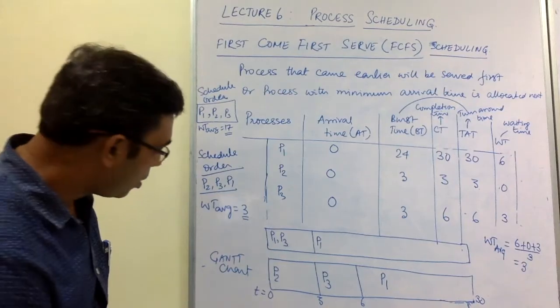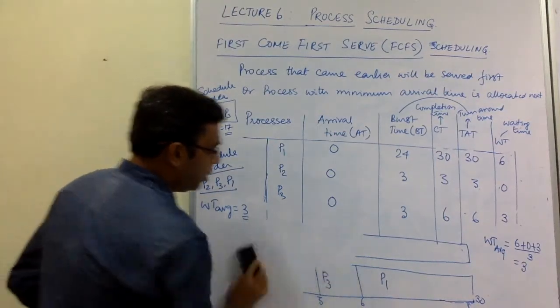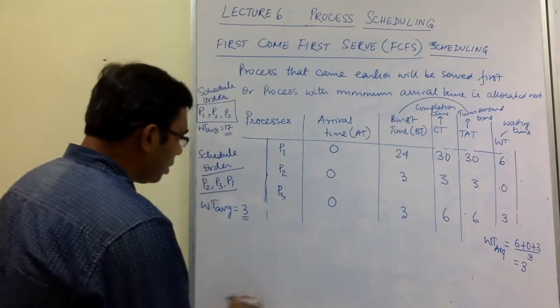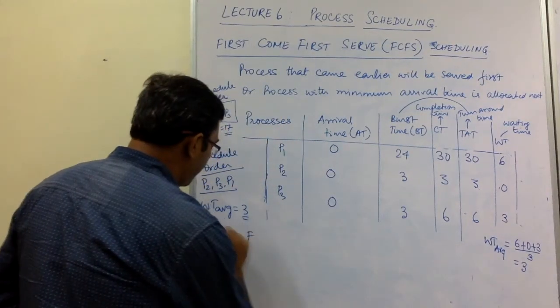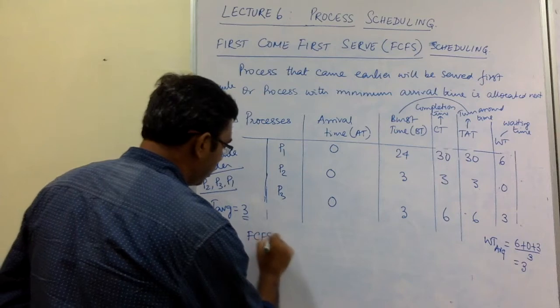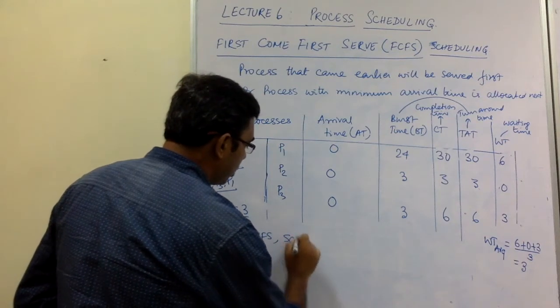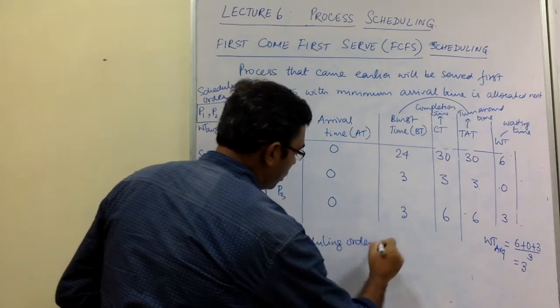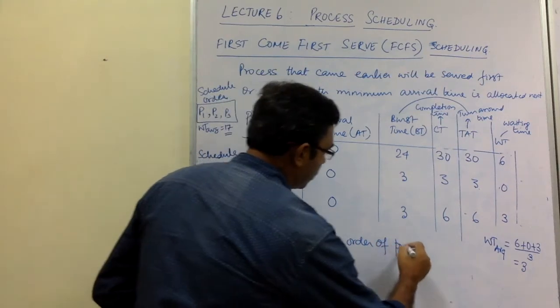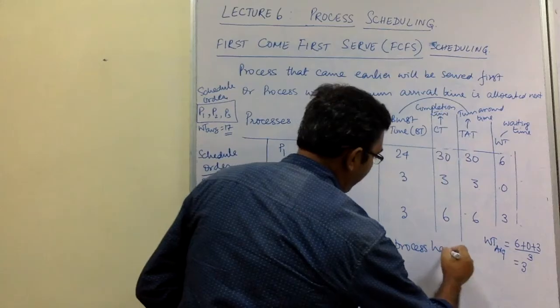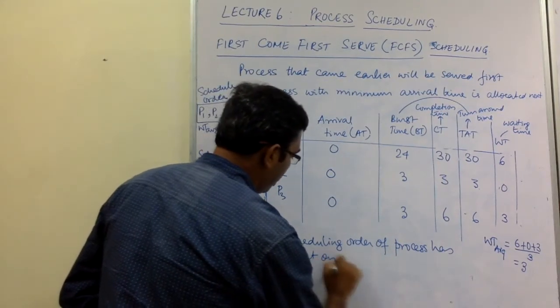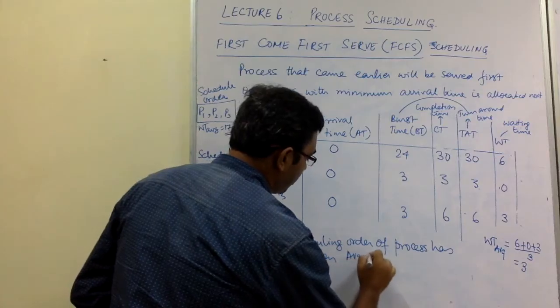So what we observe in this case is that in FCFS, the scheduling order of process has an effect on the average waiting time.